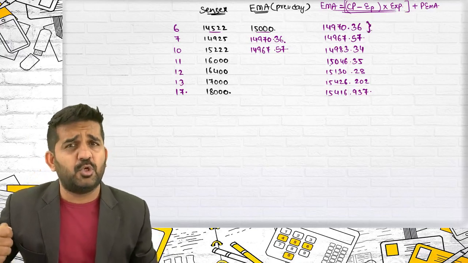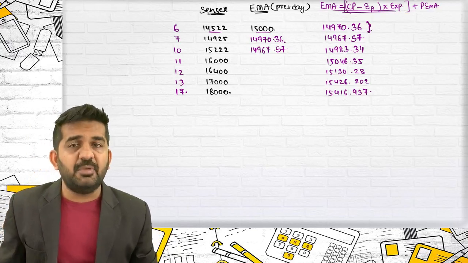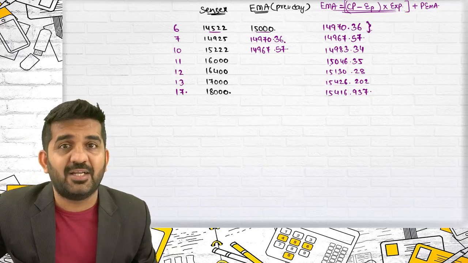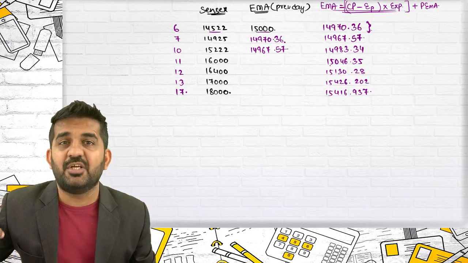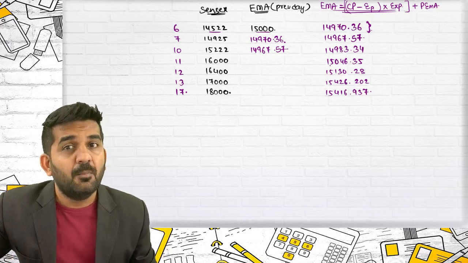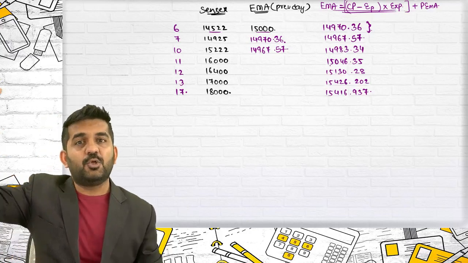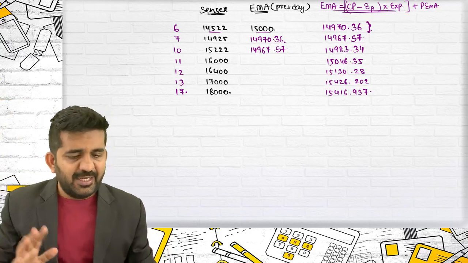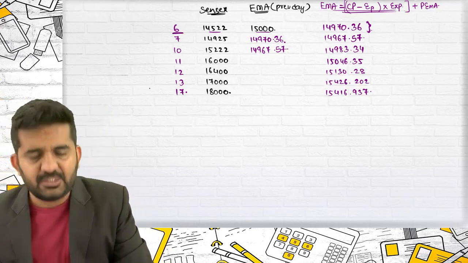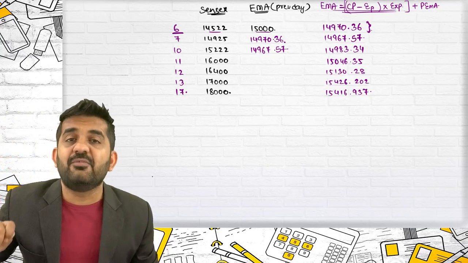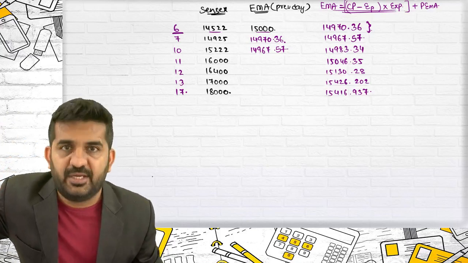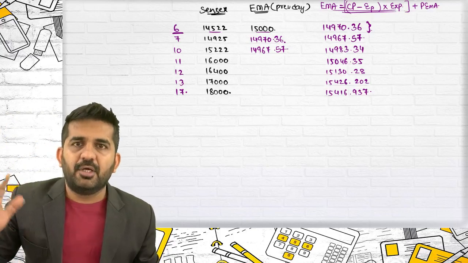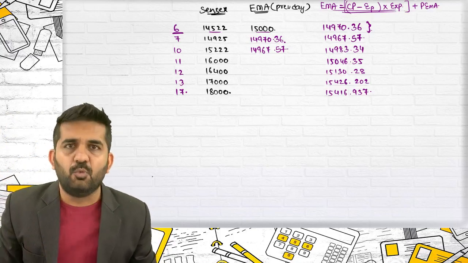No, it is exponential moving average. What does it mean? The last data is given more importance as compared to older figures. That is, suppose there's a sixth date, the fifth date is given more importance as compared to the first date. So this is the case of exponential moving average.